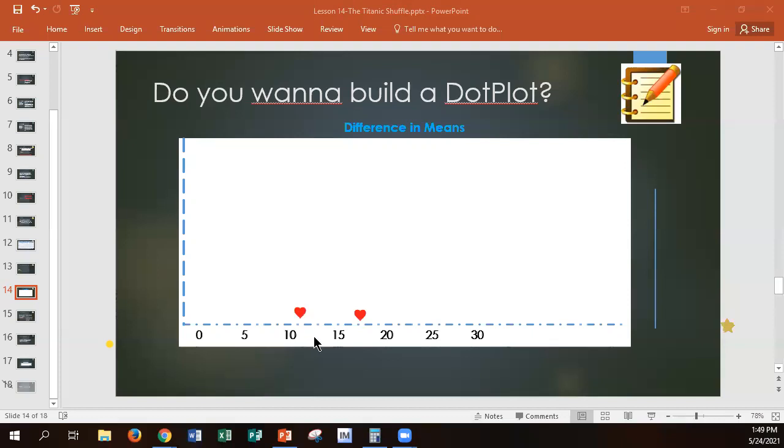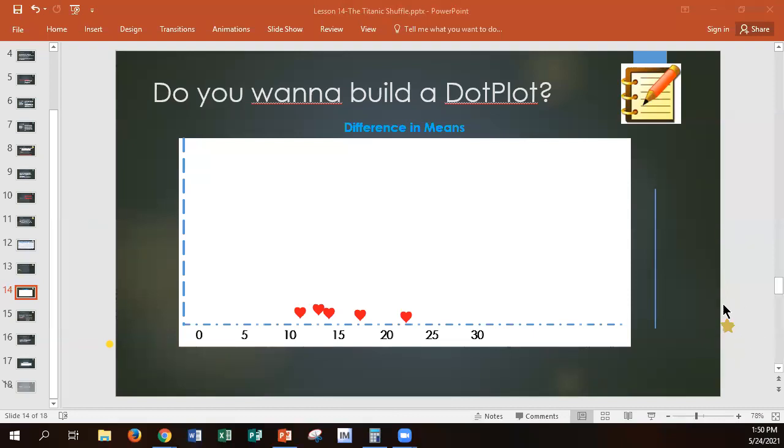Either way, it doesn't matter. Like so. 13.53, 14.58, and 23.09. So these are the differences of the means from our shuffle, by chance, where the only thing at play was that random shuffle.